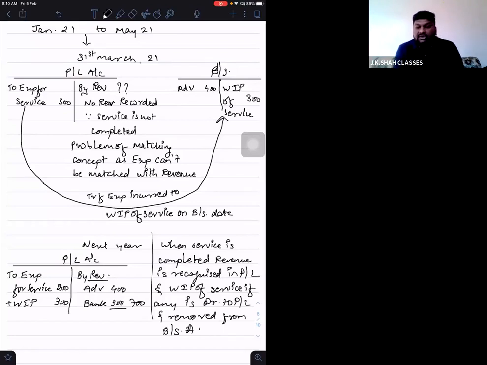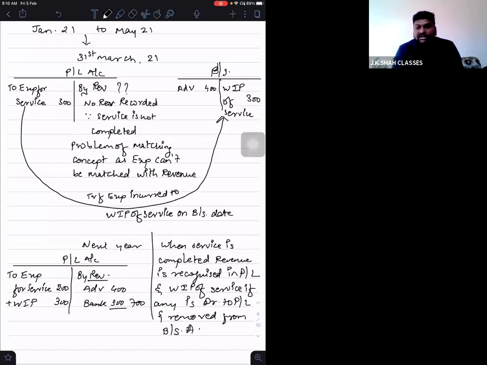Now please understand, whenever you receive an advance, you have to record it as a liability. Advance incomes are always recorded as a liability. So when you receive the advance, your journal entry will be bank account debit to party, and that party is put as an advance on the liability side.